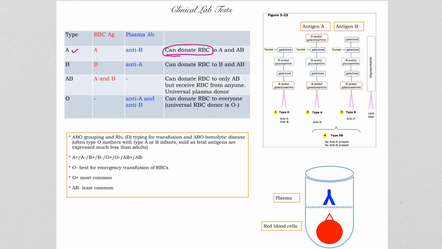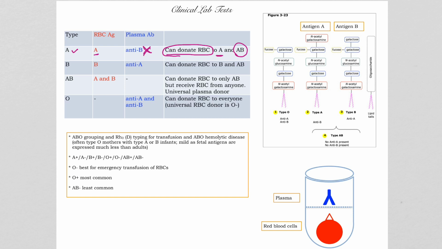So type A can donate red blood cells to people with type A blood, because they have anti-B, and they can donate to type AB because AB does not have anti-A.